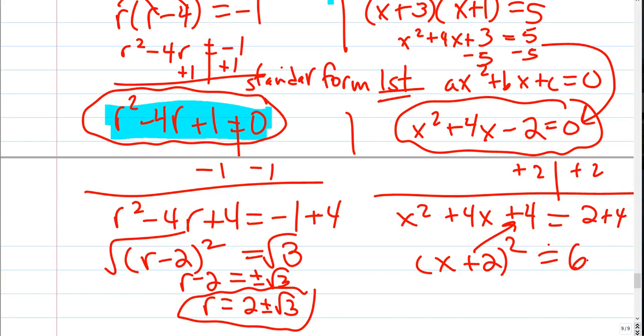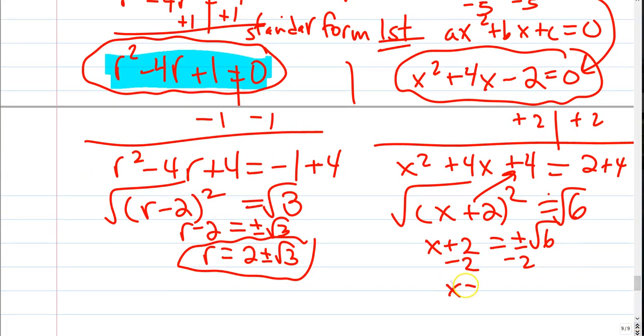That's it. That's the terrifying step. You need to know how to complete the square. We then do the squaring by square rooting. Plus or minus the square root of 6. So that x is equal to negative 2 plus or minus the square root of 6.